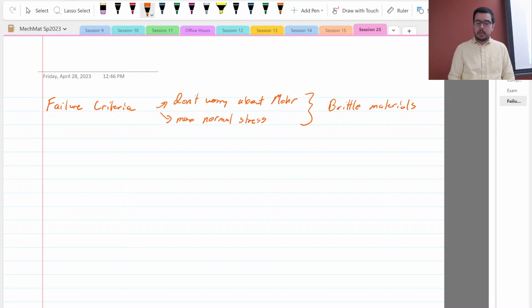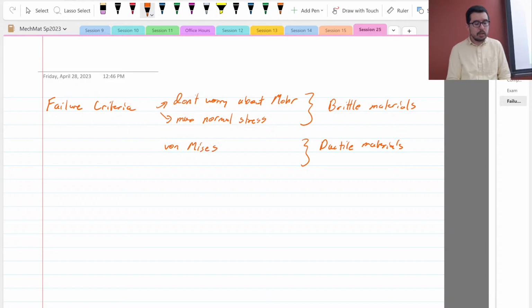The other criteria are for ductile materials, most definitely. It'd probably be strange if I didn't do a von Mises problem. So you want to know ductile materials, and with that we have von Mises.